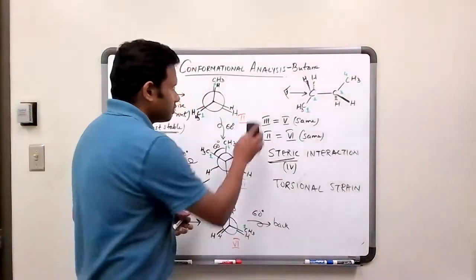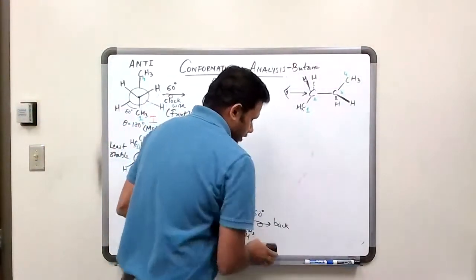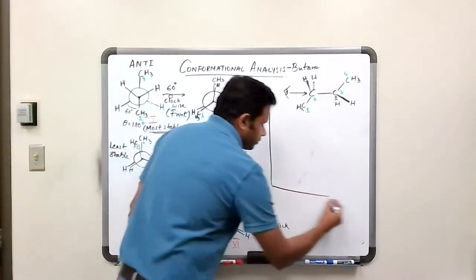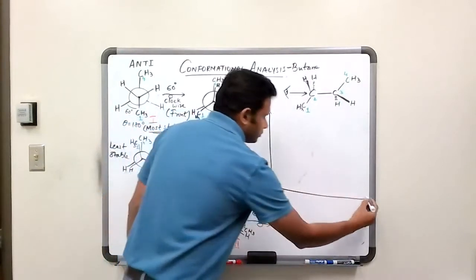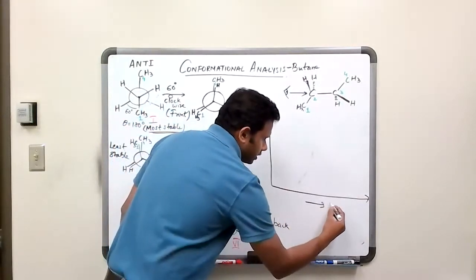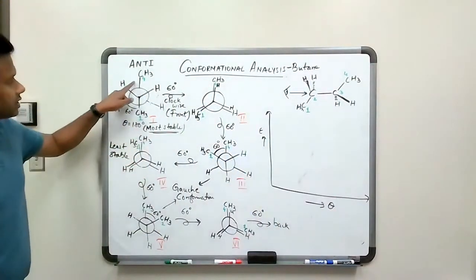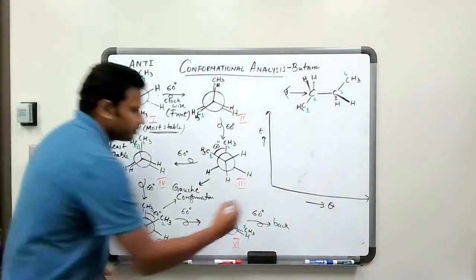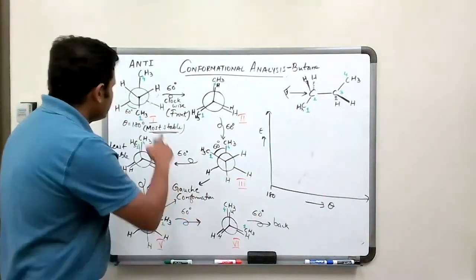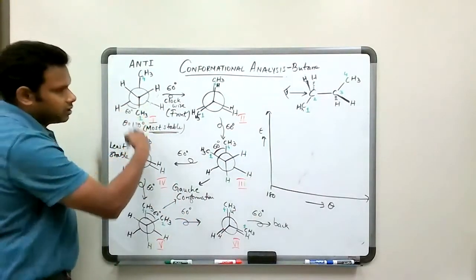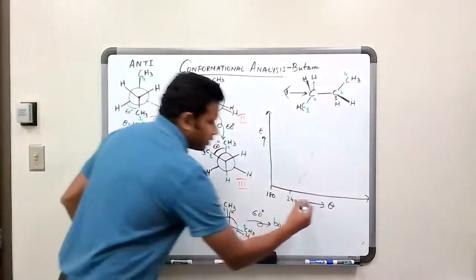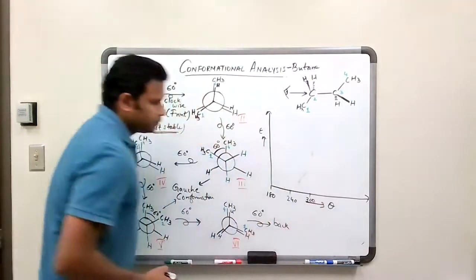And what that means is I'm going to erase some of this and just draw it simply here. For butane, again, when you plot energy against dihedral angle, we started with the anti-conformation here, so I'm going to start with 180 here, and then we did a 60-degree rotation, so we're going to 240, and then we'll go to 300.